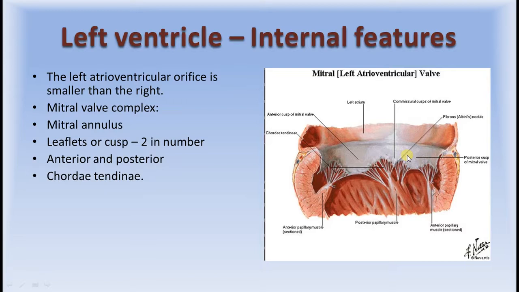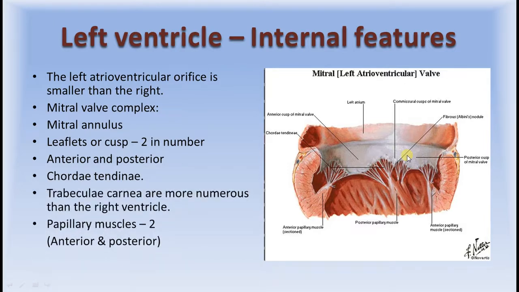There is no septal cusp. Then you have chordae tendineae followed by the papillary muscles. 2 papillary muscles, anterior papillary muscle and posterior papillary muscle. Only 2. Because it is cut, it is shown as 2 parts. The anterior itself is shown as 2 cut ends.